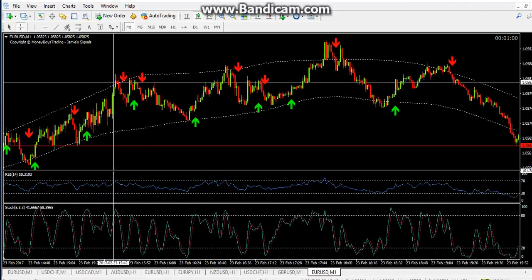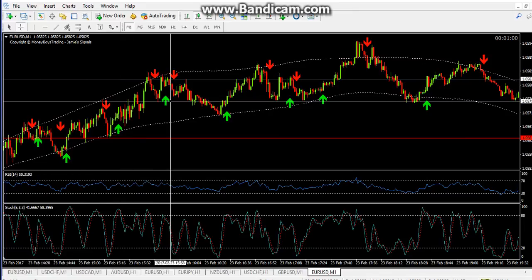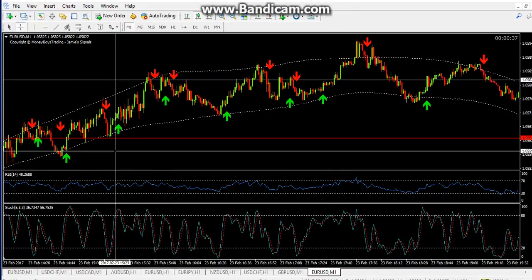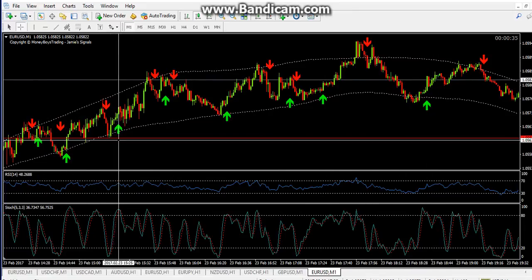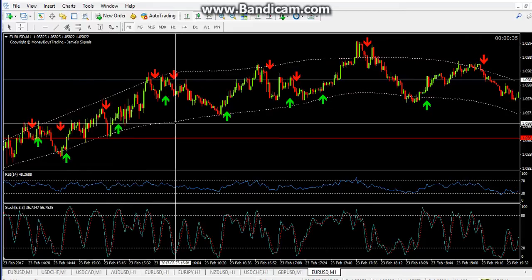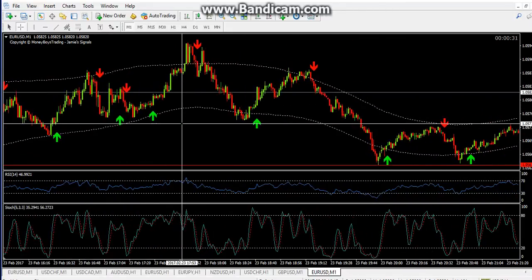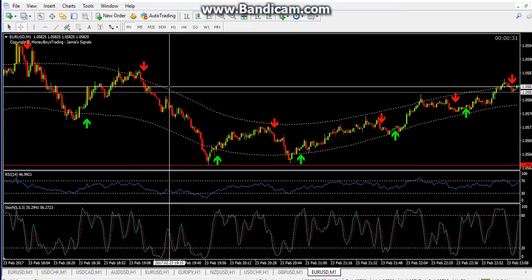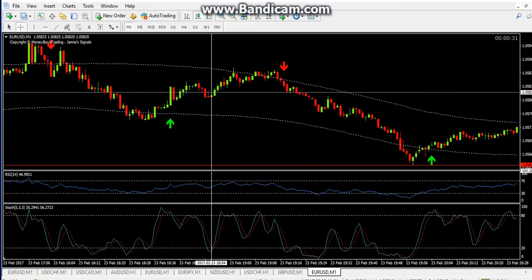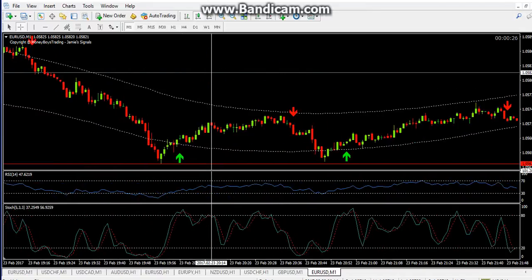The support line that I just drew is being supported there as well as here, and that is just drawing a simple line. It's not rocket science. Trading doesn't need to be hard. It's about analyzing what you see in front of you.